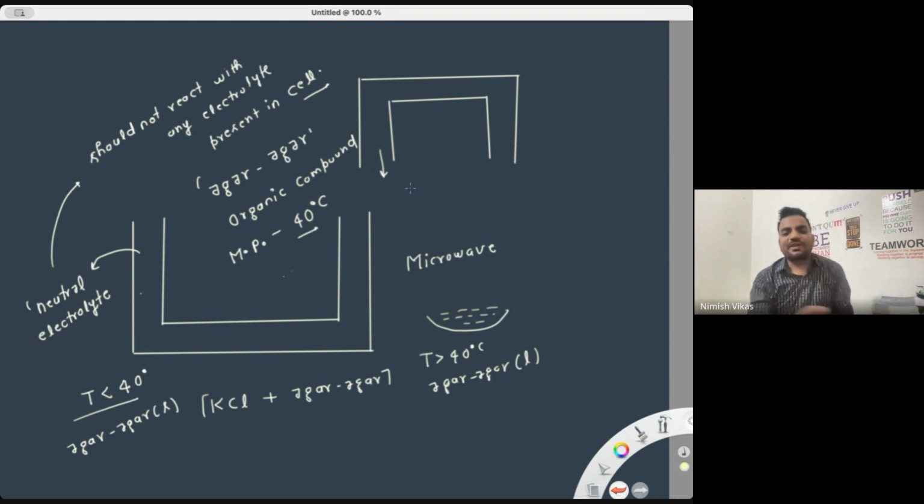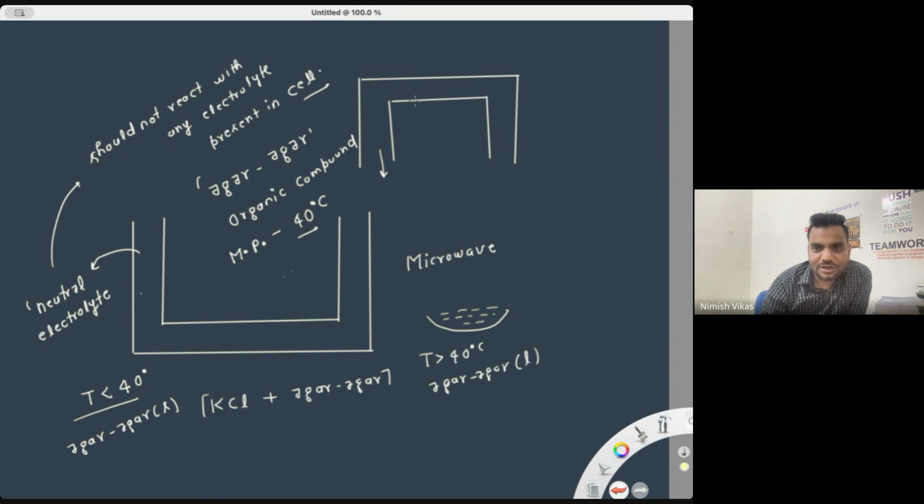So what we have done, we have taken organic substance agar. Its melting point was 40 degrees Celsius, so we can easily heat it above 40 degrees Celsius. And after that, we mixed it with our KCl solution. And then once the temperature gets below 40 degrees Celsius, meaning room temperature, it will become solid. So this agar will hold our electrolyte here, neutral electrolyte inside it.